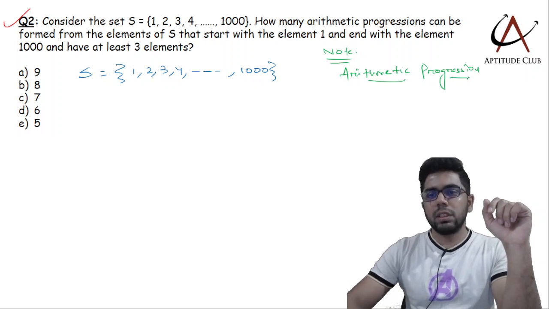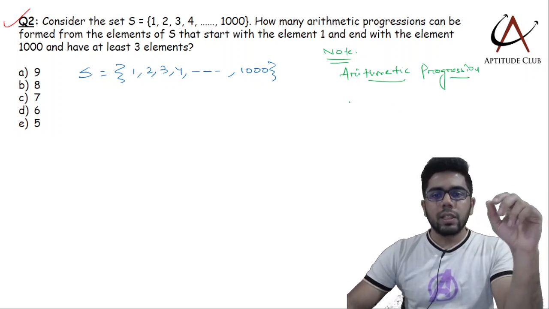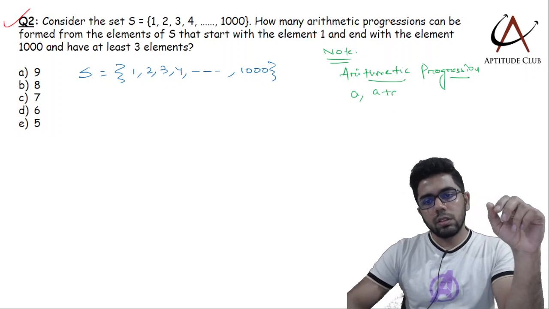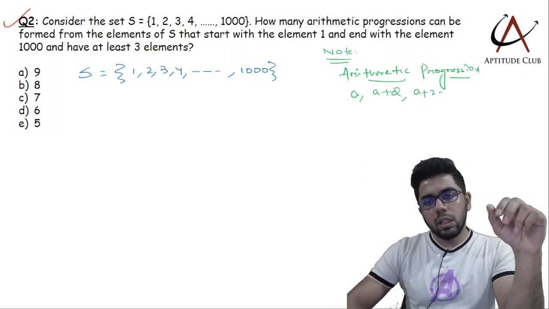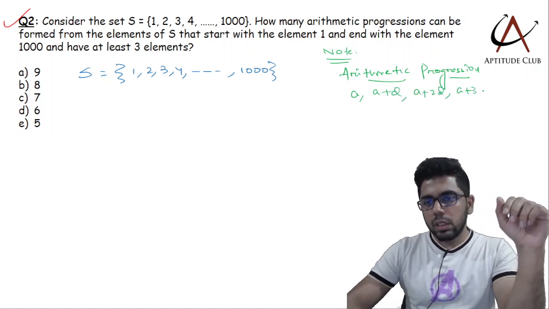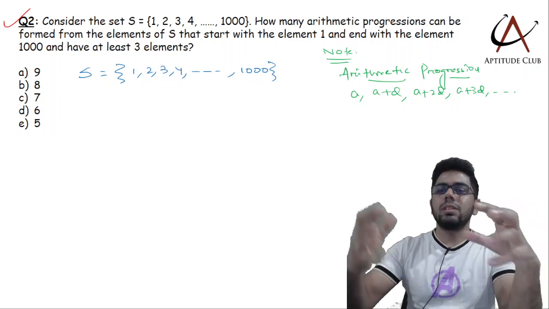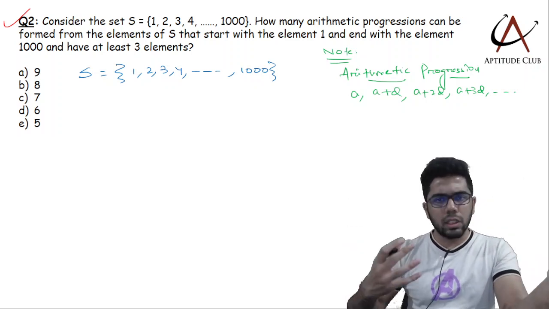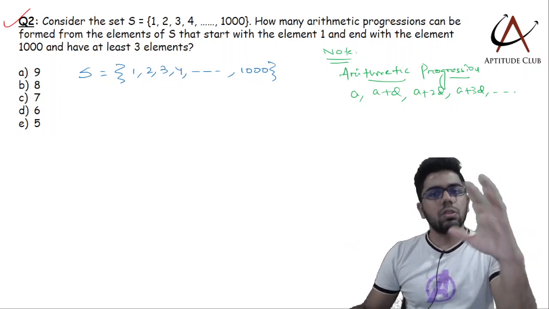Arithmetic progression is basically a sequence of numbers where they come at a constant difference. So a, a plus d, a plus 2d, a plus 3d and so on. There's a constant difference in which it grows, or let's say it declines, but there's a constant difference.